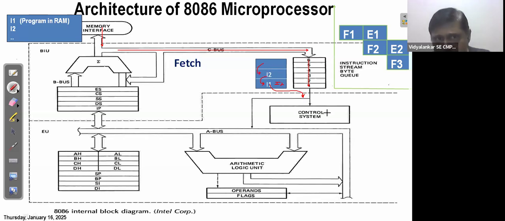That means your instruction flows via this queue. जैसे अगर एक इंस्ट्रक्शन यहाँ पे 6th पोजीशन पे है, तो वो 5 पे जाएगा, 4 पे जाएगा, 3 पे जाएगा, 2 पे जाएगा, 1 पे जाएगा, and then it will go in EU.